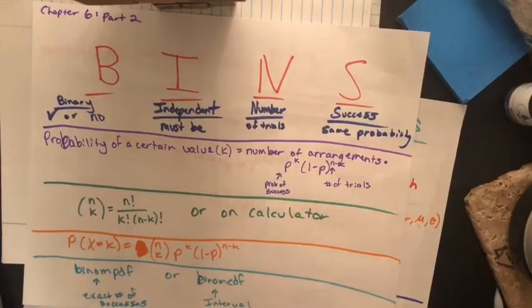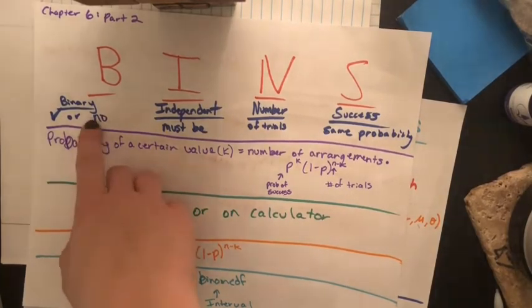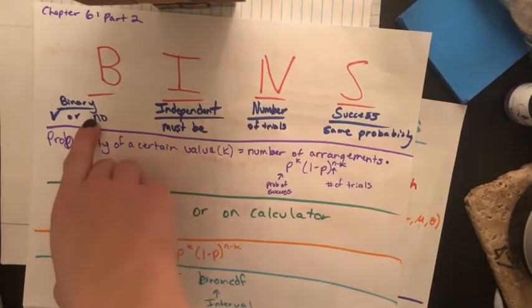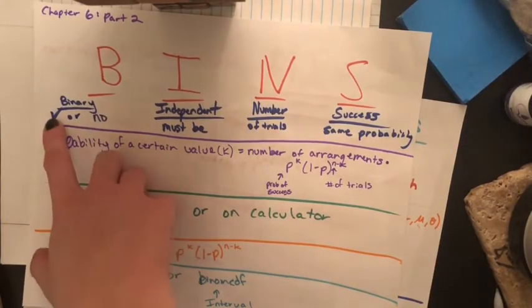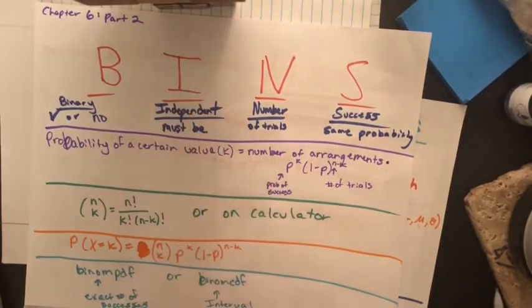Okay, so we learned this a couple of days ago. We use BINS to figure out if it's a binomial setting. The B stands for binary, and binary is if the possible outcomes of each trial can be classified as a success or a failure. So it has to have that. I stands for independent.